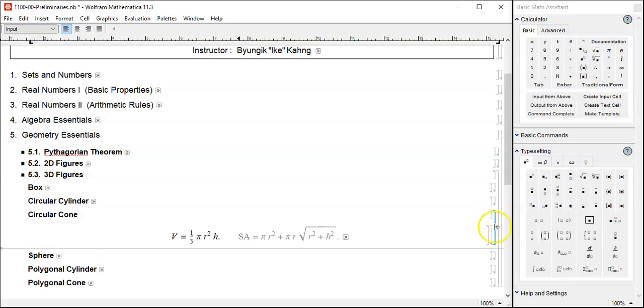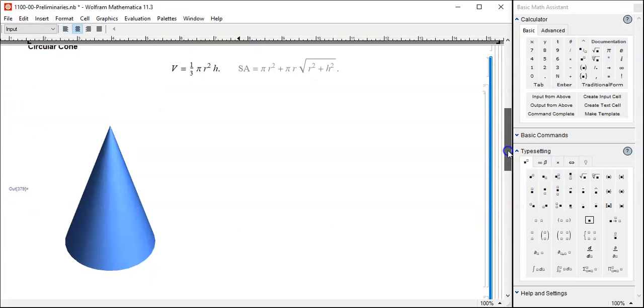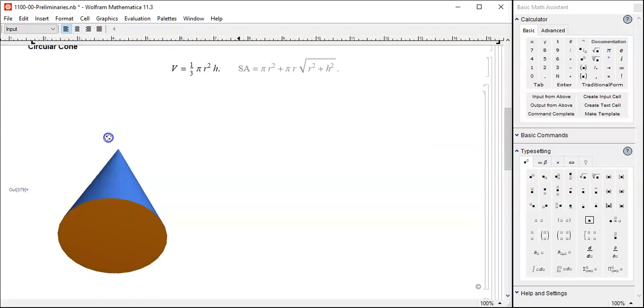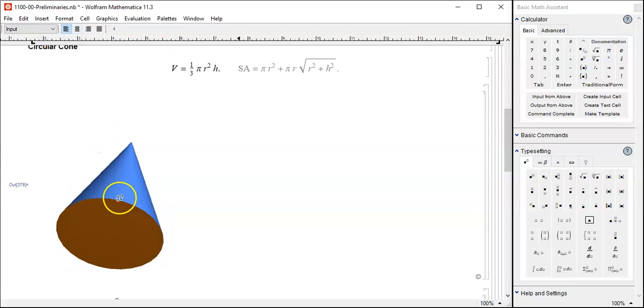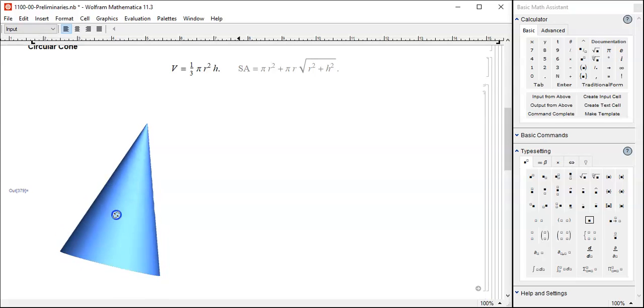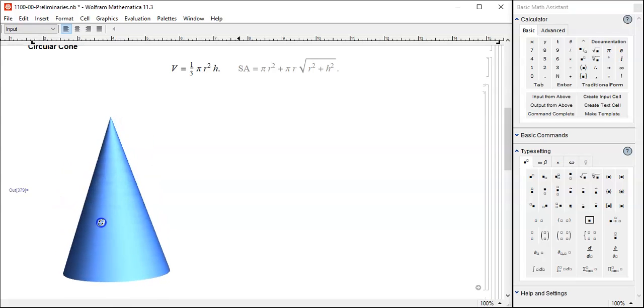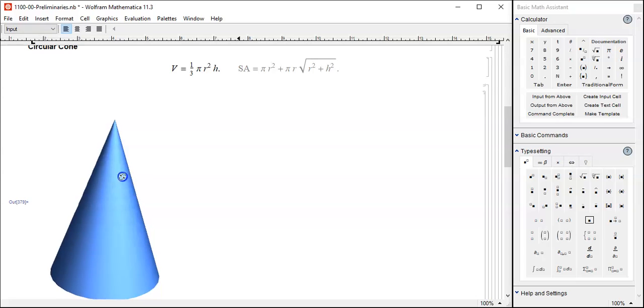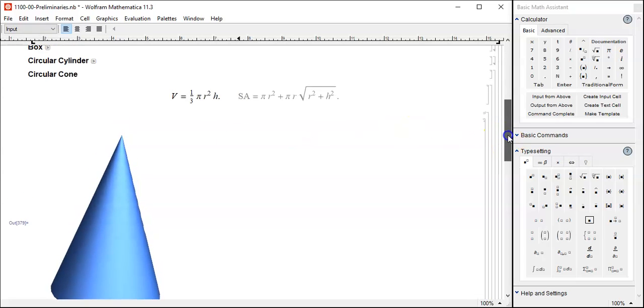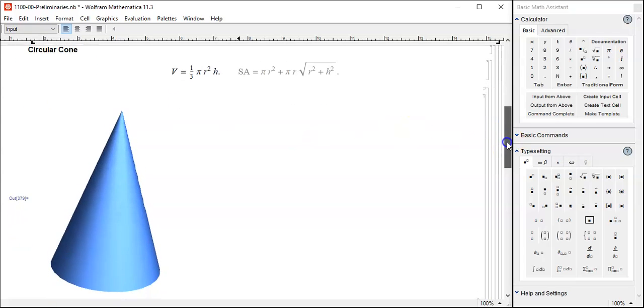Circular cone. And we have base area, which is pi r squared, and then times h, and then we have to multiply by 1/3, and that's a bit tricky. Why 1/3? It has something to do with the dimension, as a matter of fact.